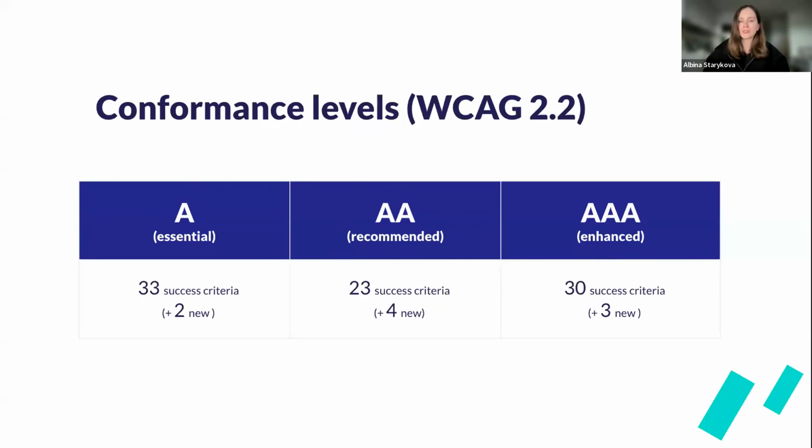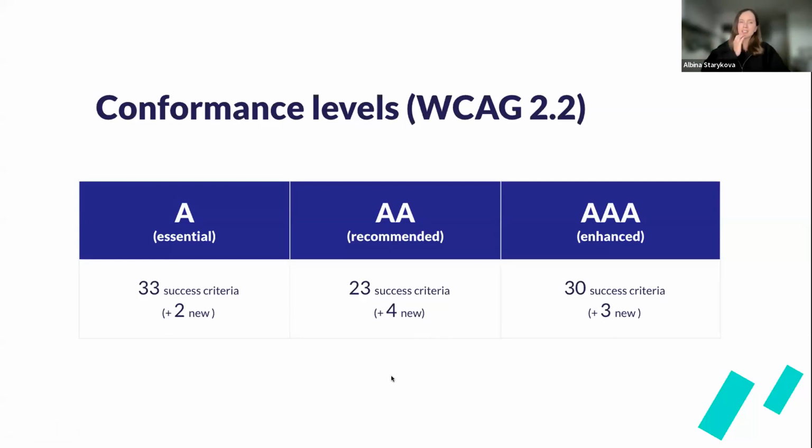So if you want to get AA conformance, you need to have met the success criteria for both A and AA levels. And as you can see in WCAG 2.2, 6 out of 9 of the new rules fall under A and AA levels, setting the new standard themselves.